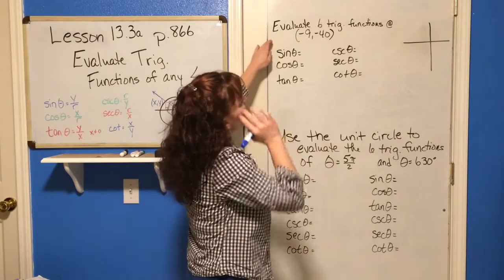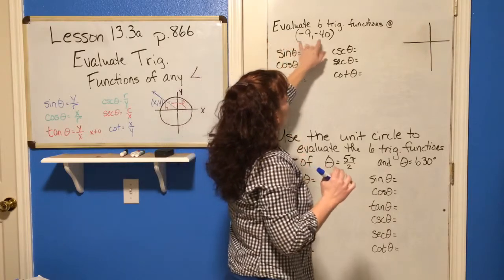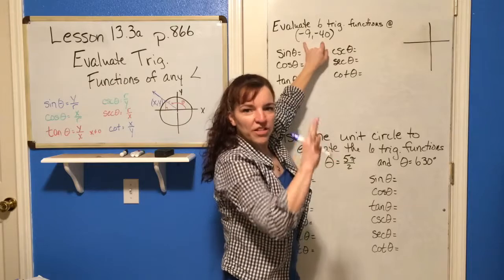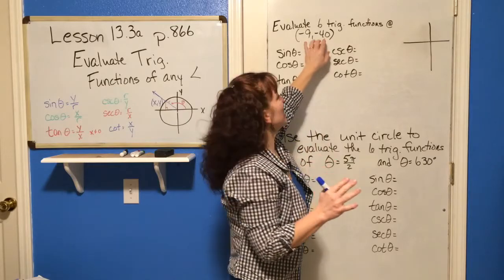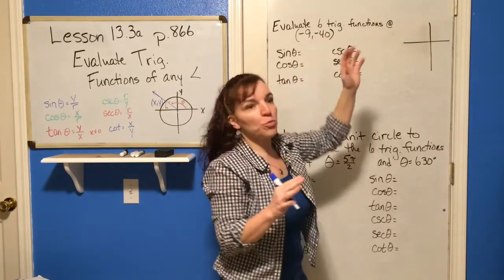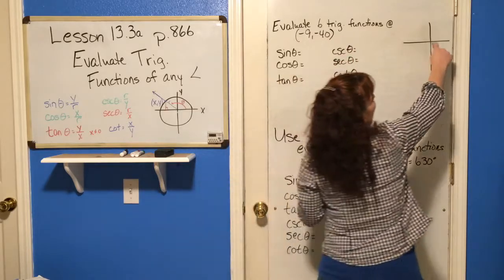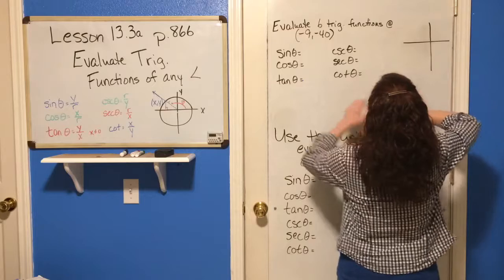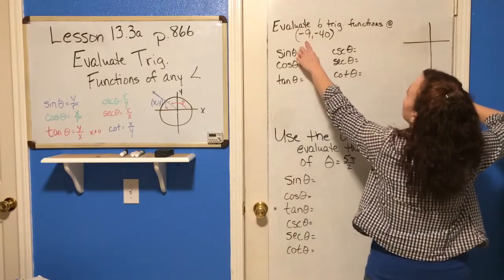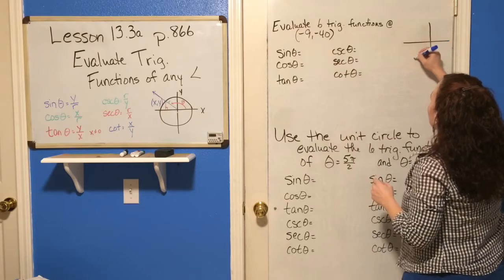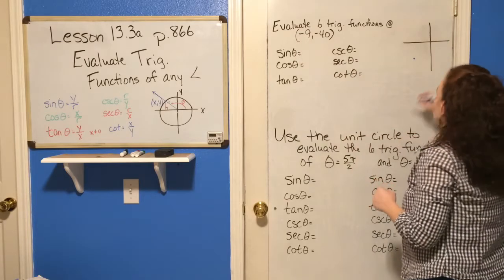So if I want to evaluate the trig functions at the point, and I didn't write all the instructions out, this is a point on the terminal side of the angle theta that opens from the origin. So we know that the point -9, -40 is going to be in the third quadrant.